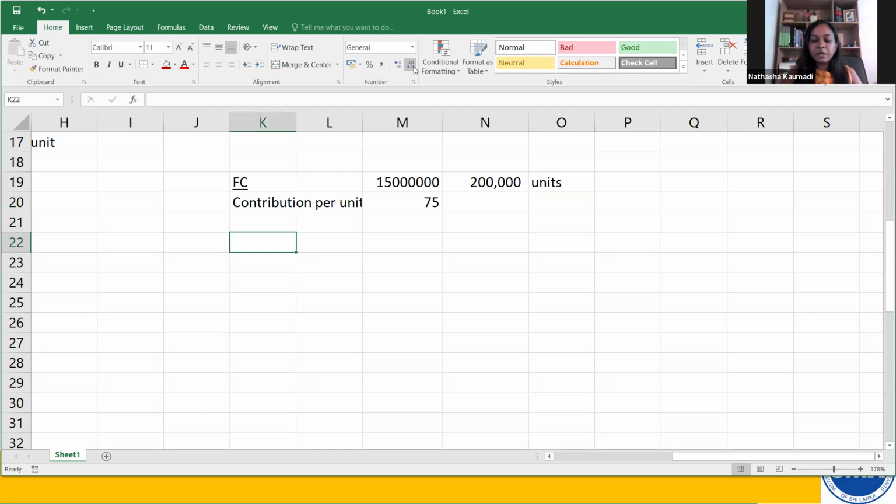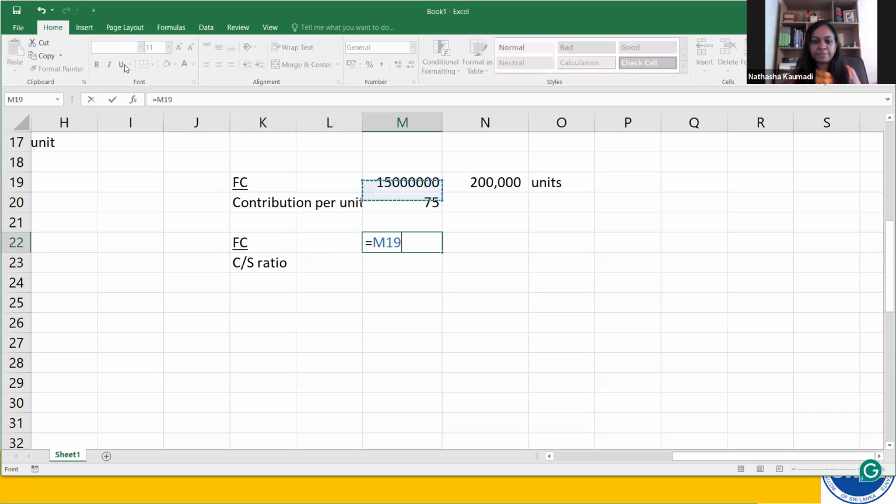What is the break-even point in rupees? That means fixed cost divided by CS ratio. Fixed cost is 15 million. What was the CS ratio? 75%, isn't it? So I'm writing it as 0.75.